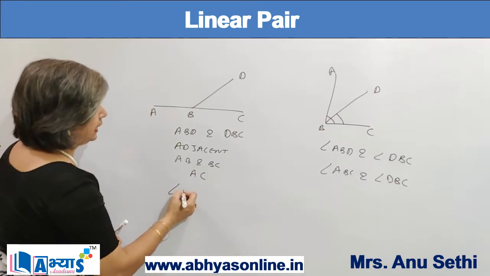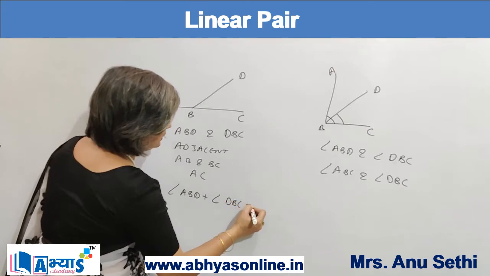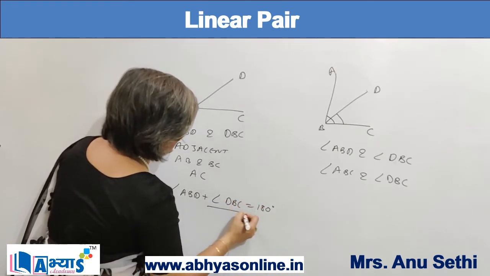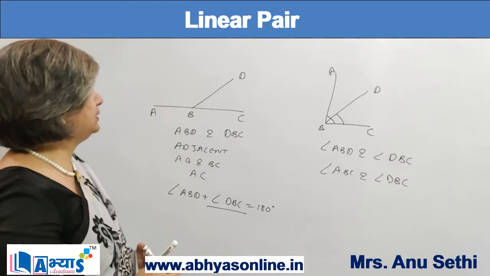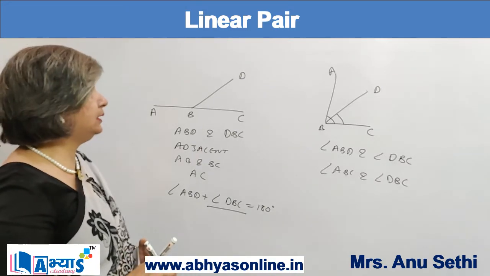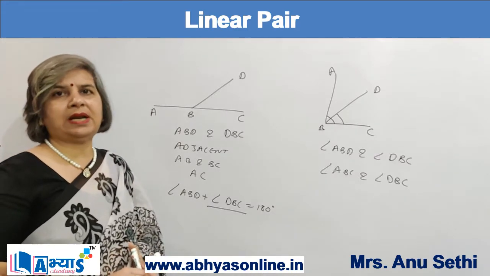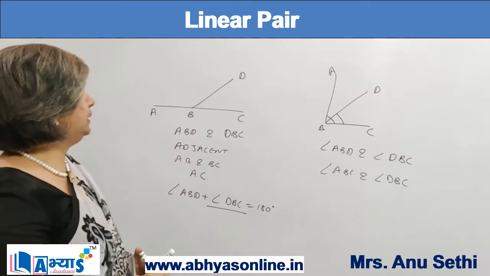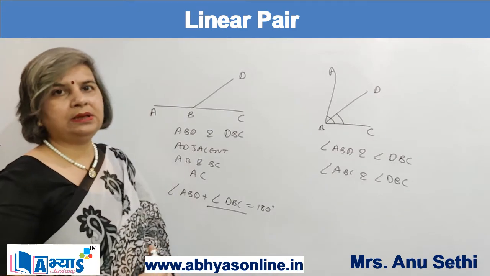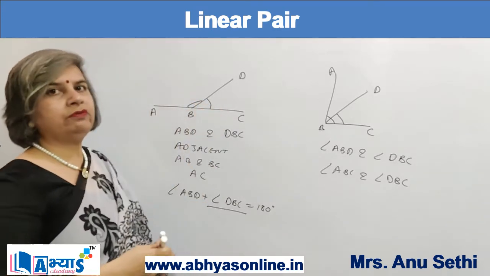So we can say that angle ABD plus angle DBC is equal to 180 degrees because they are adjacent angles and they are a linear pair, they lie on a straight line AC. Or we can also say that AC is a straight line and BD is a ray standing on it, forming two angles ABD and DBC, which are linear pairs and their sum is equal to 180 degrees.